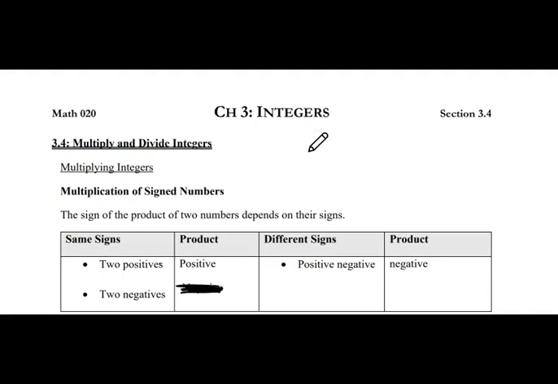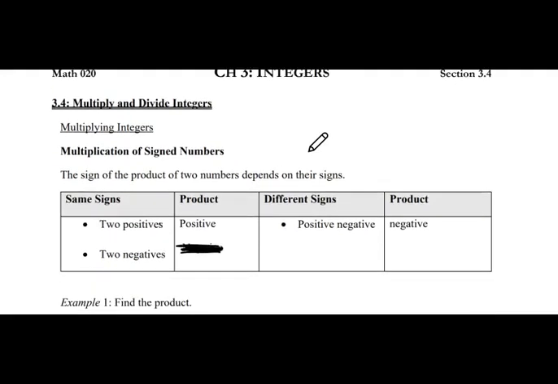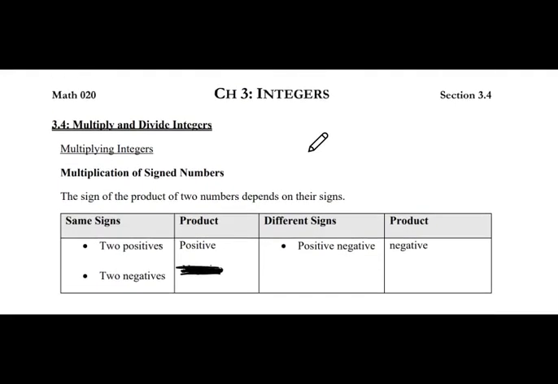Just a fair warning, dividing integers will have the same rules as multiplication, and it's all based on the signs. So there could be 3 different cases when you multiply two numbers. You can have 2 positive numbers, or you can have 2 negative numbers, meaning that both numbers will have the same sign, or your numbers can have different signs, positive, negative, or negative, positive.